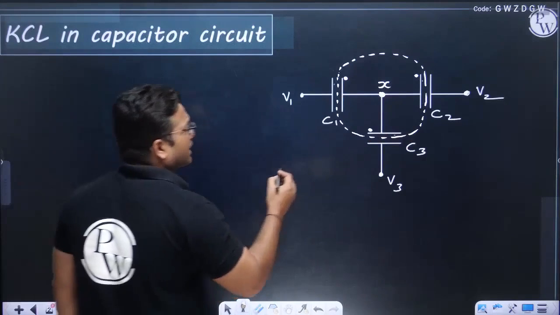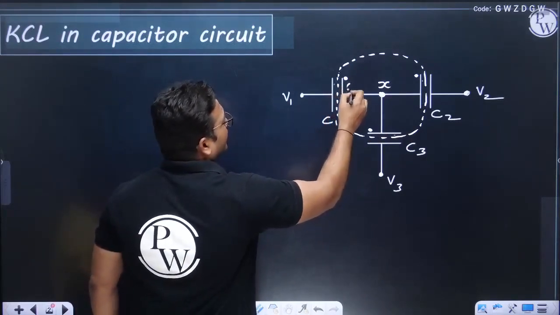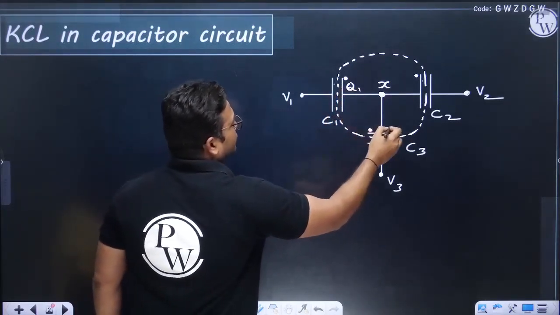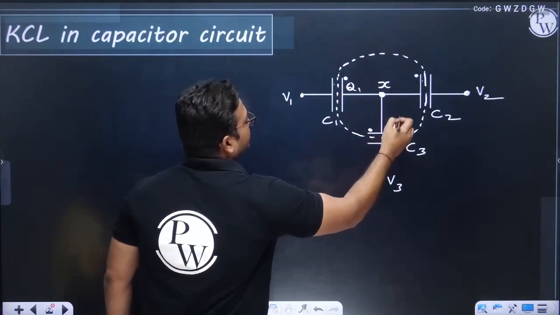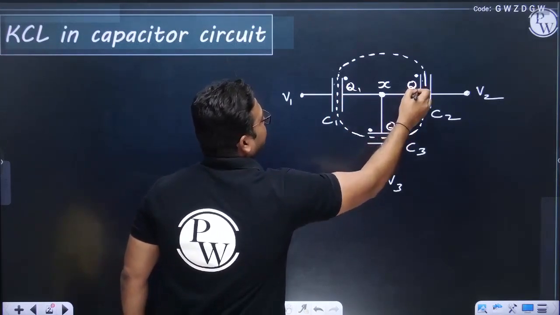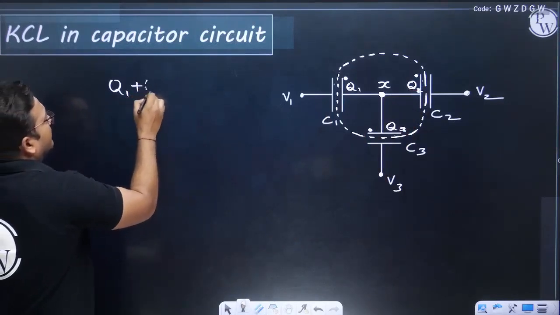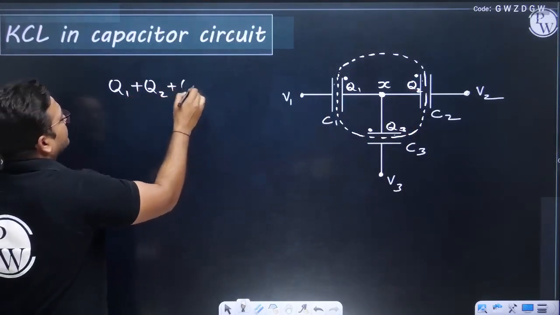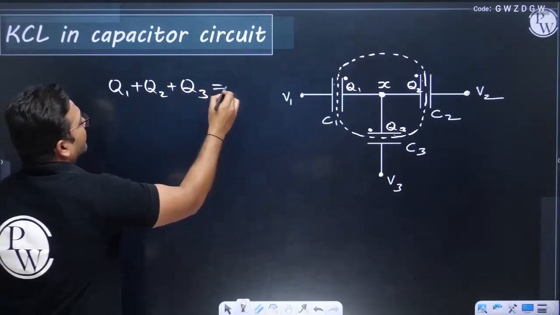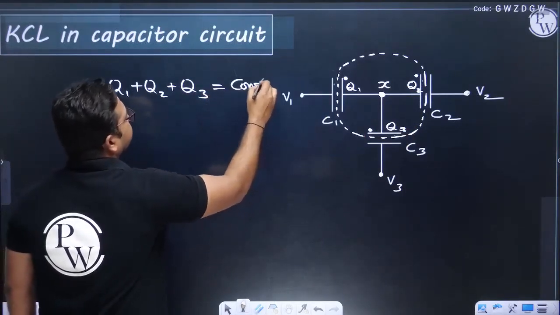So suppose the charge on this is say Q1, the charge on this is say Q3, and the charge on this plate is Q2. I'll write Q1 plus Q2 plus Q3 must remain constant.